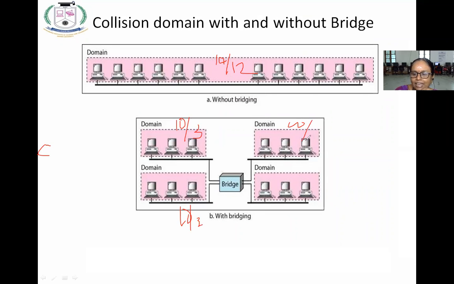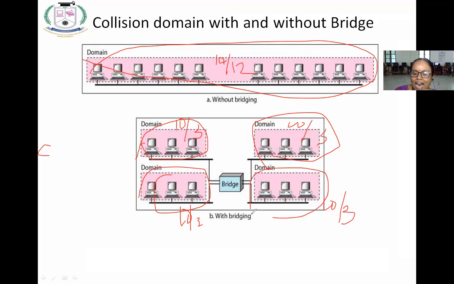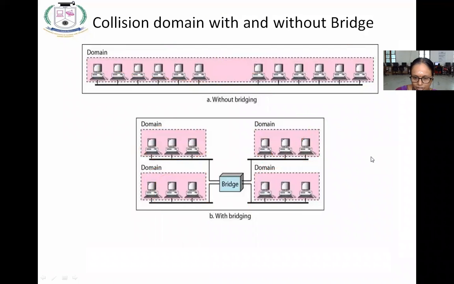So comparatively, the speed and the sharing are better with bridging. Here I can check the collision domain with and without bridging, because here I have to look at all 12, and domain-wise it is 3, 3, 3. So this type of bridging always has an advantage over no bridging.